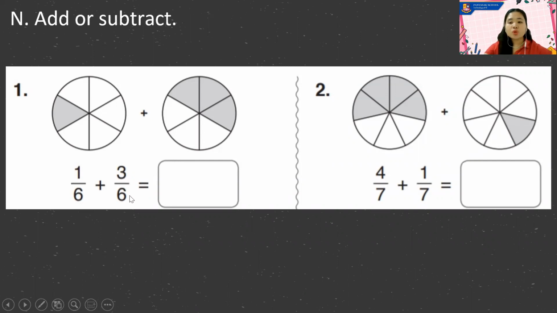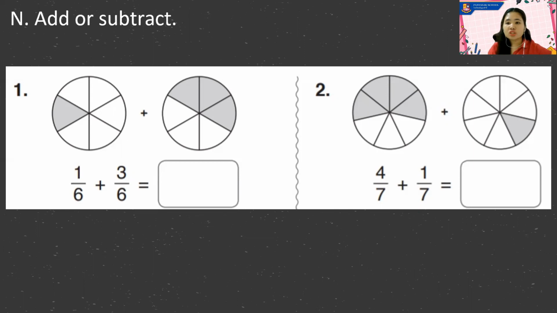When you add fractions, remember that if they have the same denominator, the denominator being the number below, you can already add or subtract the numerators.